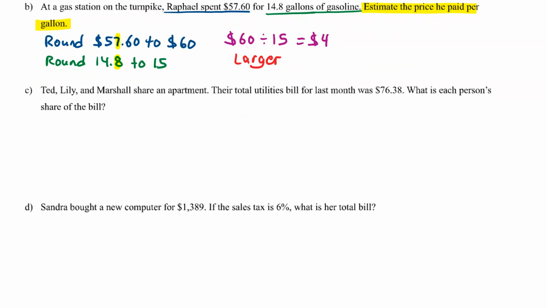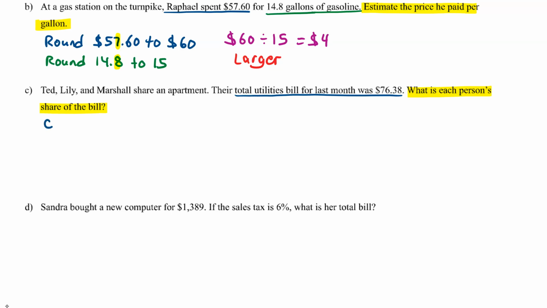Part C says Ted, Lily, and Marshall share an apartment. Their total utilities bill for last month was $76.38. What is each person's share of the bill? So we have the total, which is $76.38.